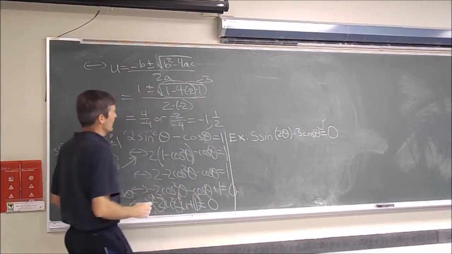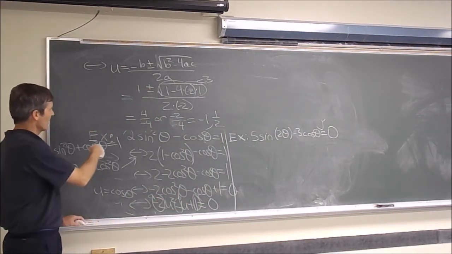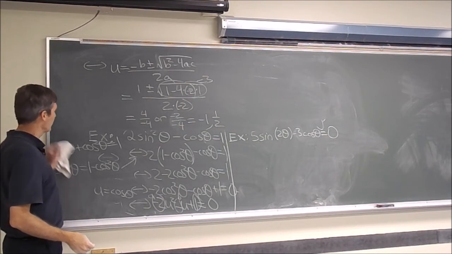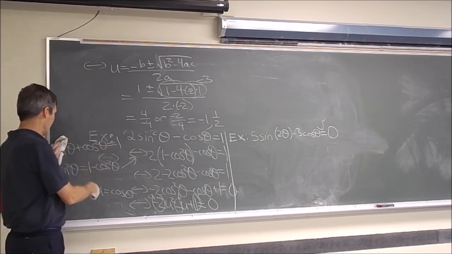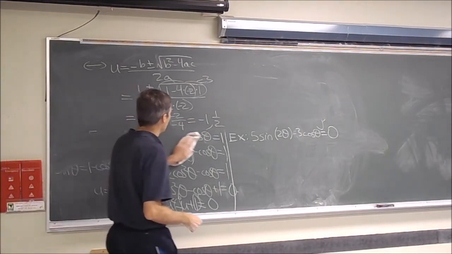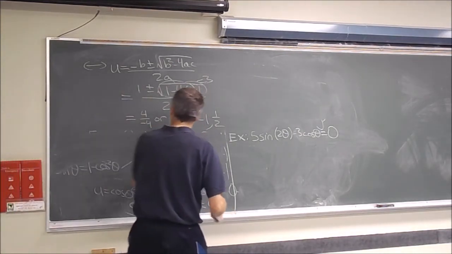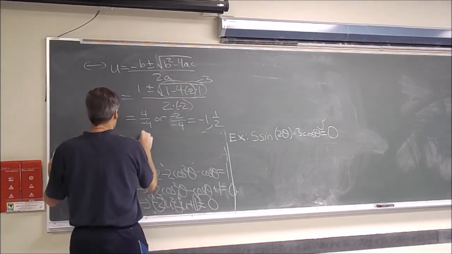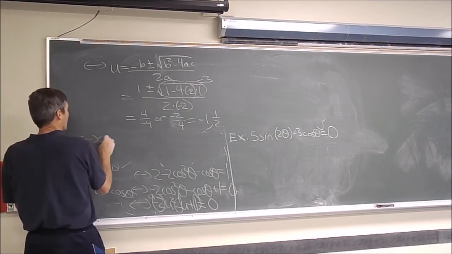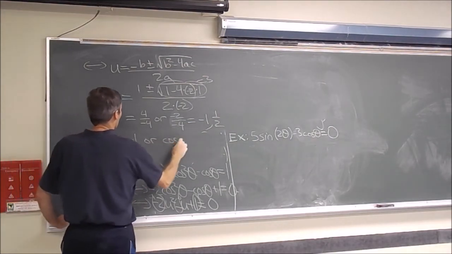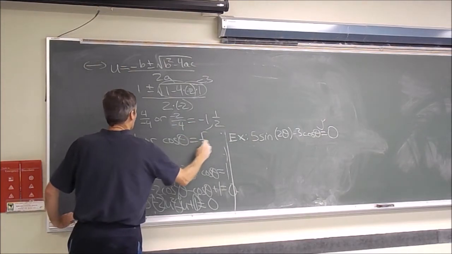Two solutions for u. Since u is cosine theta, we're looking for what is theta. So equivalently, cosine theta is negative 1, or cosine theta is a half.